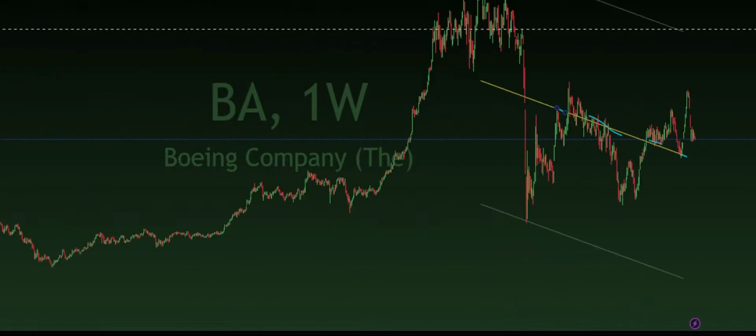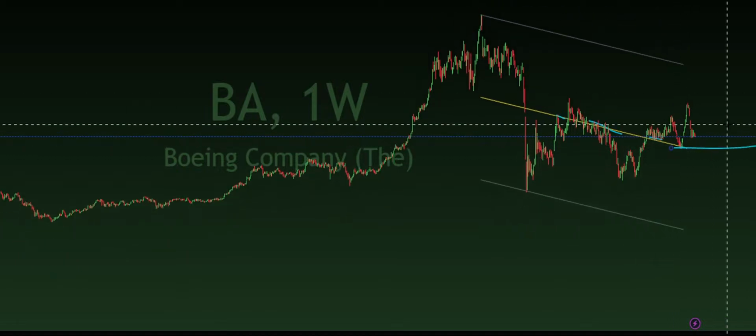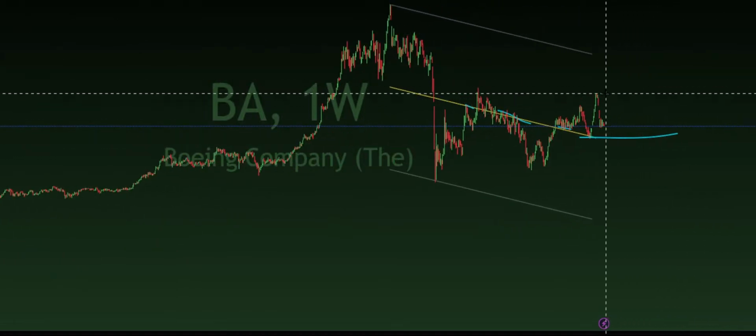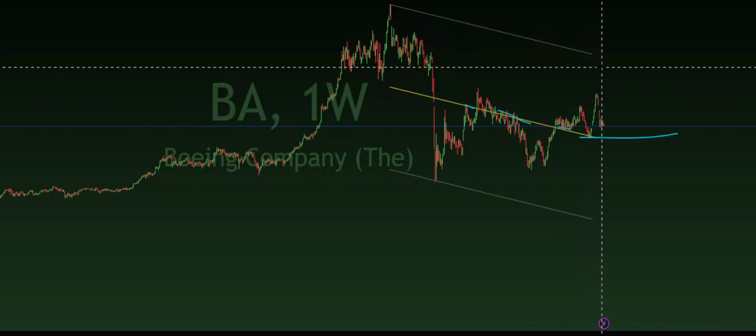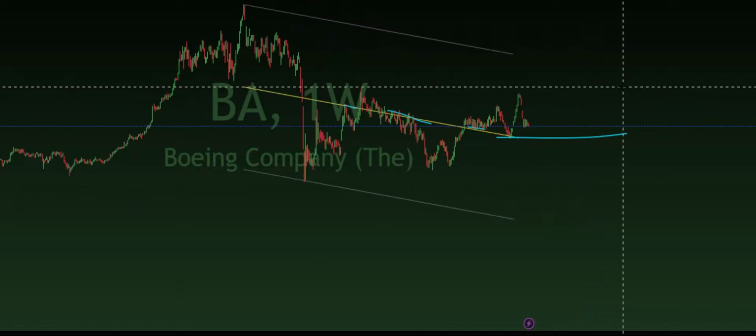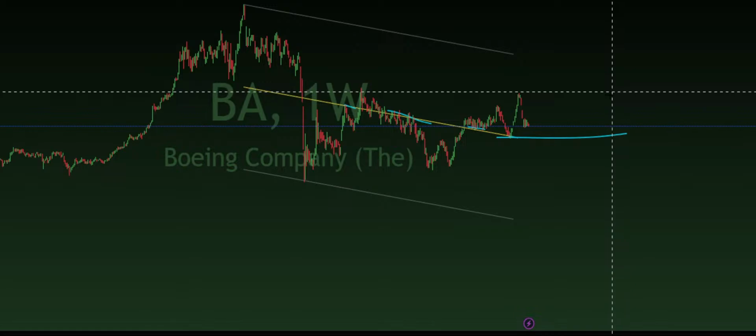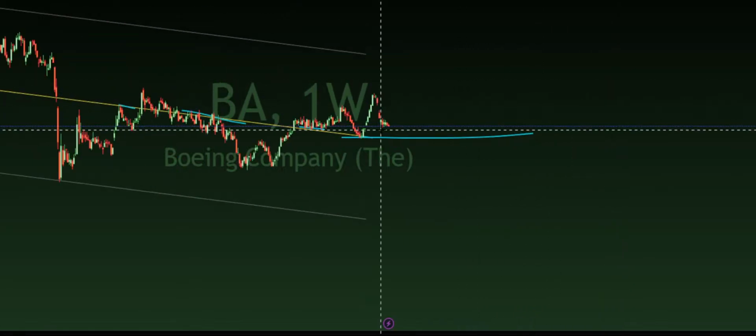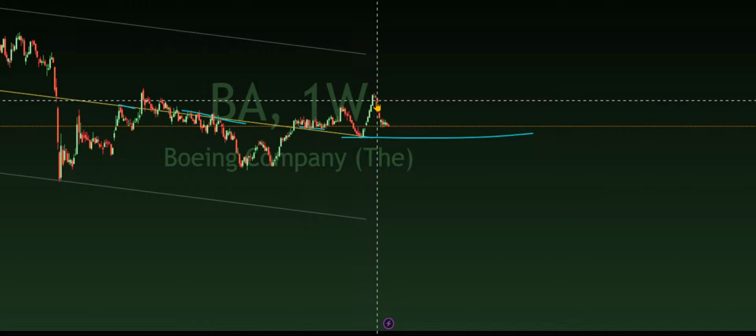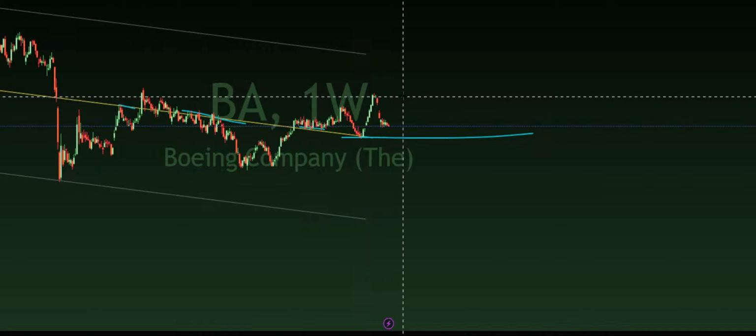Long channel, weekly channel. I mean, this might be like the overall. And again, we never went up and tested the 320s, which I think is just destiny at this point. First of all, BA will not leave that. We're not going to pink sheets. This will go back up and hit that, and beyond.